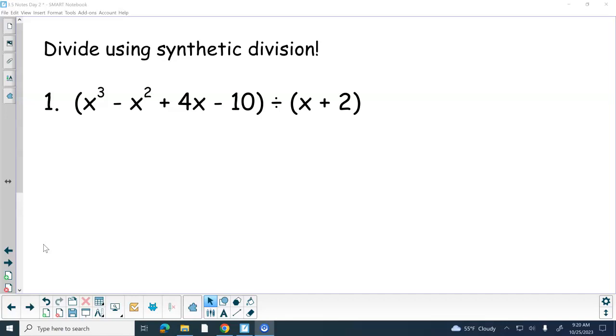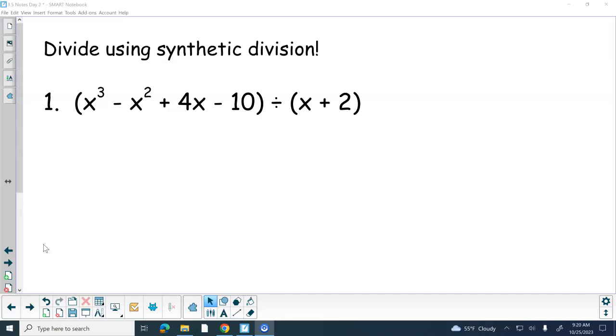If it's 3x plus 4, that doesn't work. We have to go long division. That's why we didn't start with long division, because synthetic division doesn't work in every case. Long division will work in all of those cases.